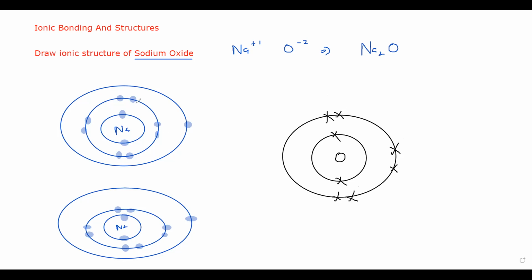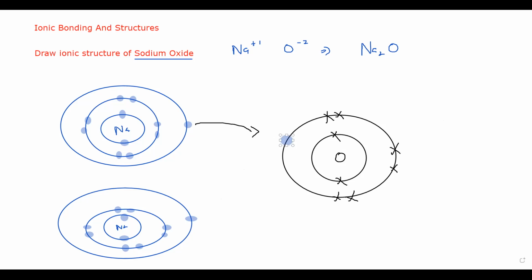Now, how many electrons should sodium lose? Sodium is a metal, and a metal will always lose its last shell electron. Each sodium has only 1 electron in the last shell, so it will lose that electron. When the first sodium loses its electron, oxygen has not completed the octet, because to complete the octet it should have 8 electrons.